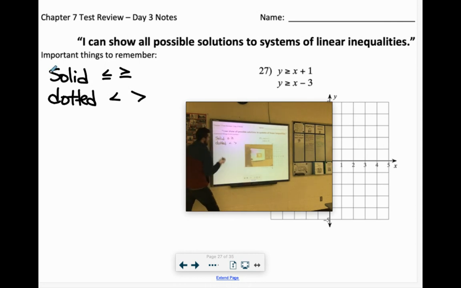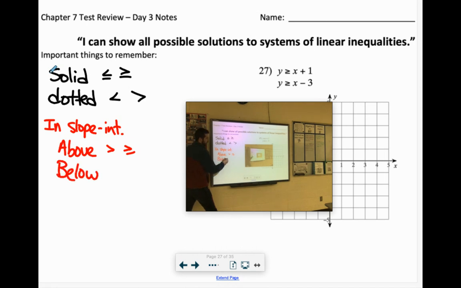So if it is in slope-intercept form, then remember you have to shade above and below. If it's in slope-intercept form and it says greater than or equal to, you shade above the line. If it is less than or equal to, that is shading below the line.